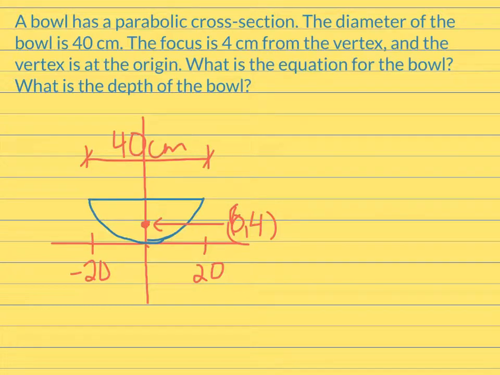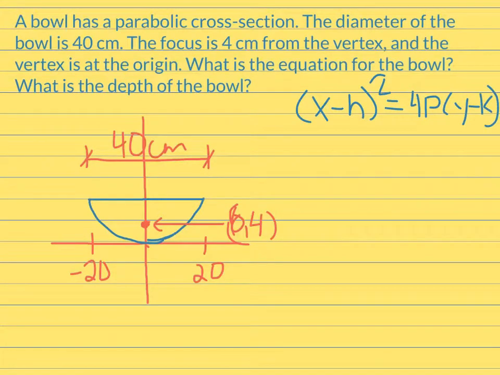But where was I? Okay, so we need to know, first of all, we know it's an x squared because it's opening up. Okay, so we'll go with the x minus h squared equals 4p times y minus k. And then we know the vertex is at the origin, so h and k are 0 and 0.